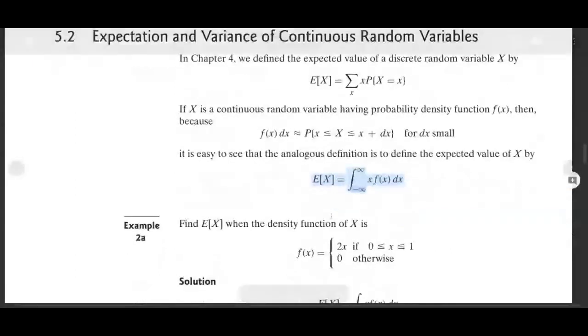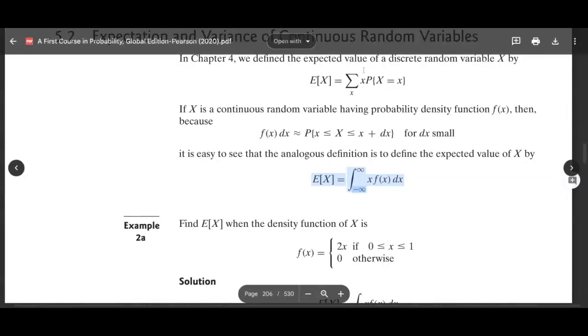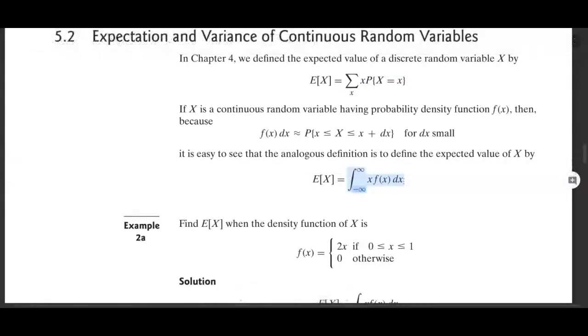So expected value equals the integral from negative infinity to positive infinity of little x times f of x dx. You can see, comparing to this, it goes from the finite world to the infinitesimal world.